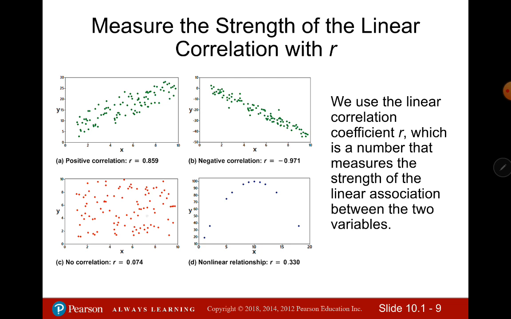For this one, we cannot find any pattern, so we can say there's no correlation. The last one, although there is a pattern, there is a correlation, the shape is not a straight line, so we will call it nonlinear.